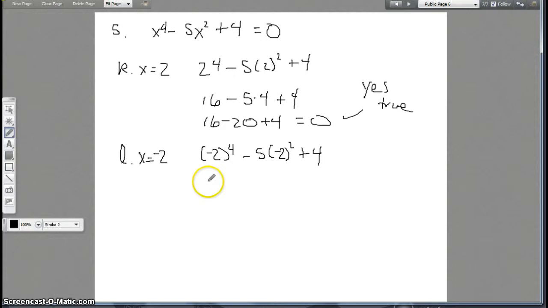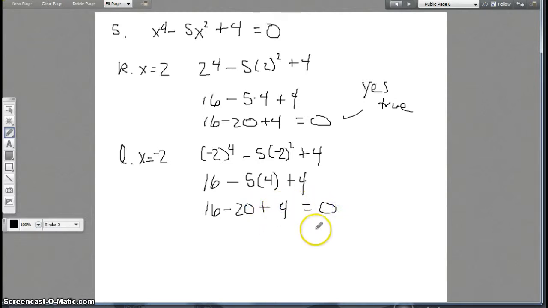Negative 2 to the 4th is still going to be 16. Then we have minus 5, and then negative 2 squared is still going to be a positive 4. And then we have plus 4. Well, 16 minus 20 plus 4 is going to give us 0, just like it did before. So for x equals negative 2, this is also yes or true, whichever way you want to answer it.